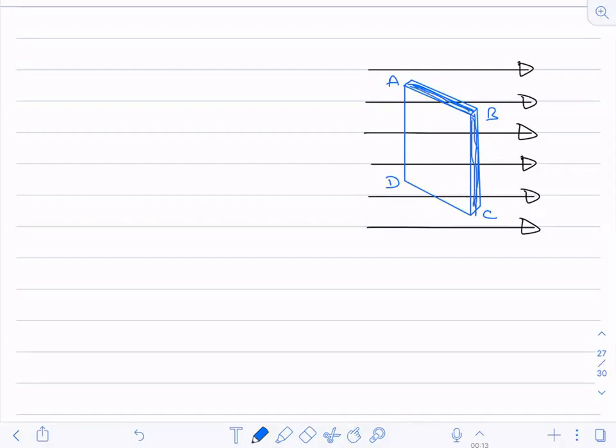Understood? So now what is the direction of the area vector? You will just see the sense of current. Current moves in this direction. Just rotate your finger in the direction of current. You will see that the area vector from this point will be directed like this.